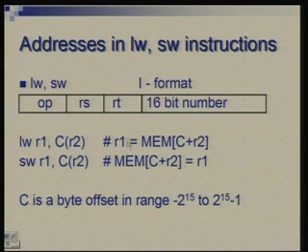So, the exact effect of this is that the memory location which is being addressed is obtained by C plus R2, these 2 are added, and the thing to be noted here is that C is an offset which could be positive or negative, right, and as a 16-bit number, the value of this offset lies in this range, minus 2^15 to 2^15 minus 1.